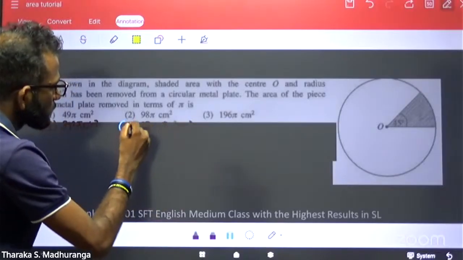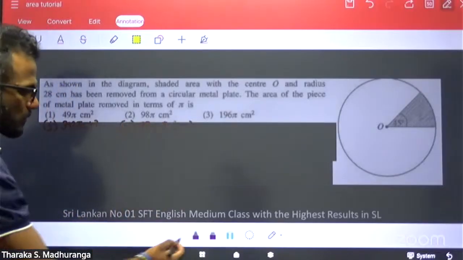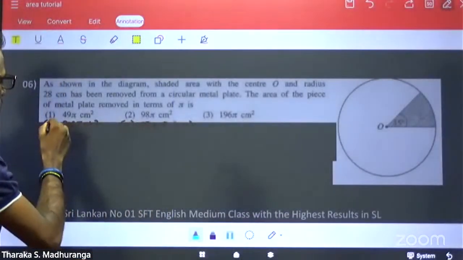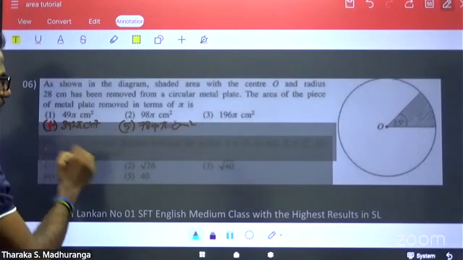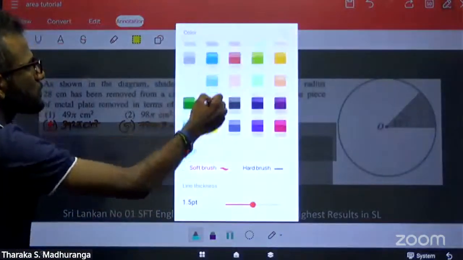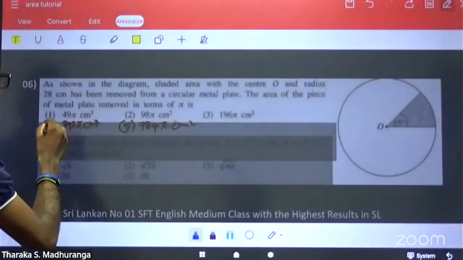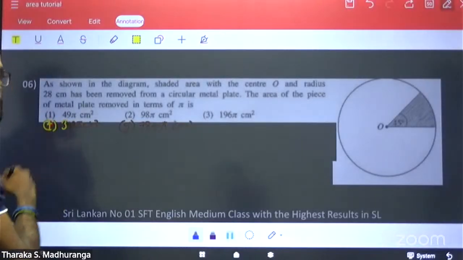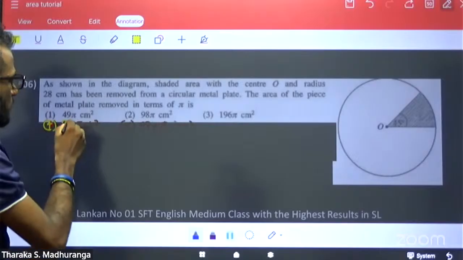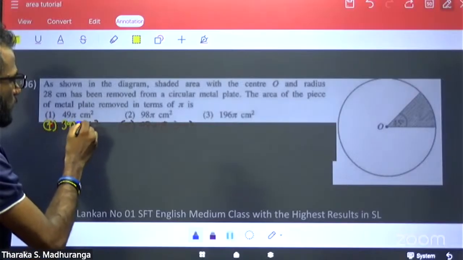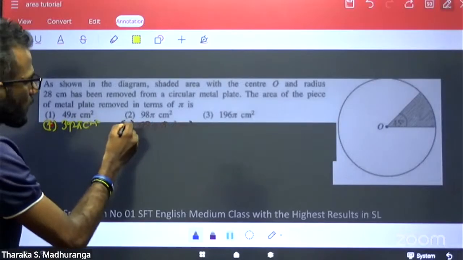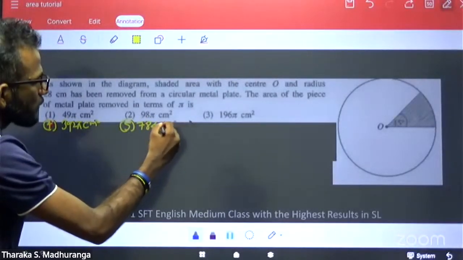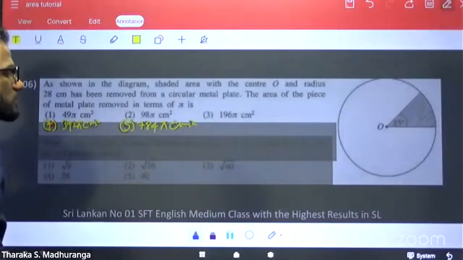That's the fifth answer. 392 5 square centimeter, and the fifth answer 784 5 square centimeter.